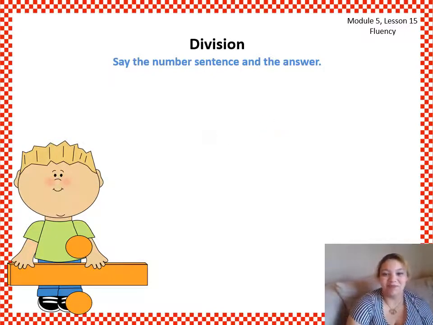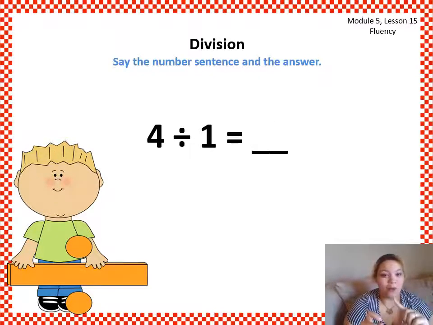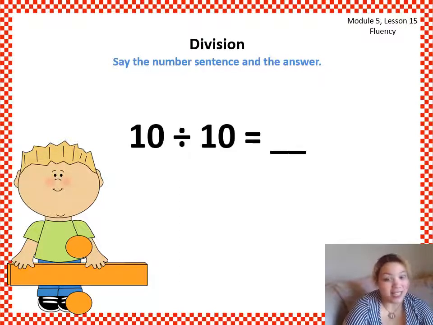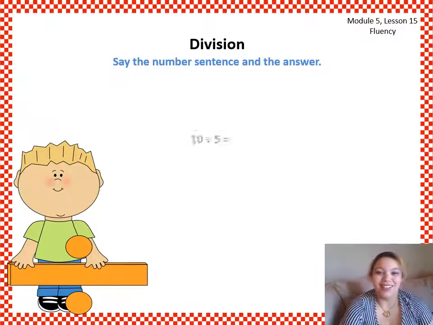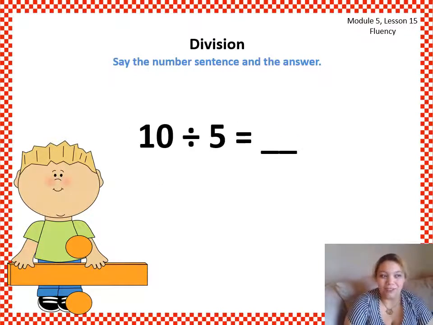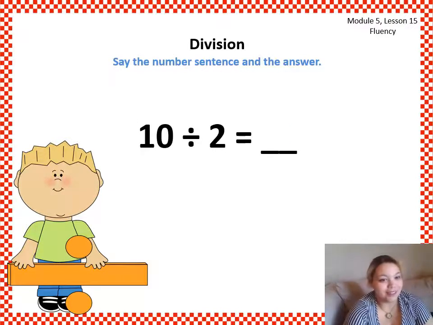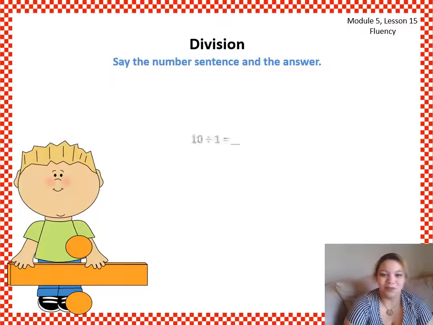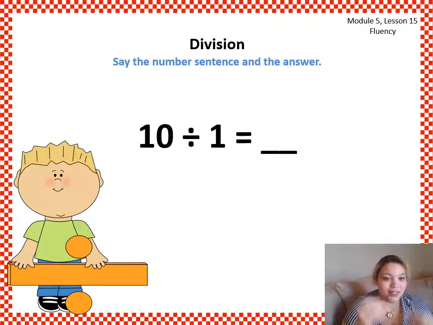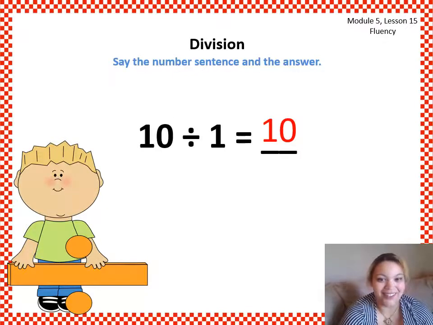Good job. 4 divided by 1 is 4. 10 divided by 10 is 1. 10 divided by 5 is 2. 10 divided by 2 is 5. 10 divided by 1 is 10.